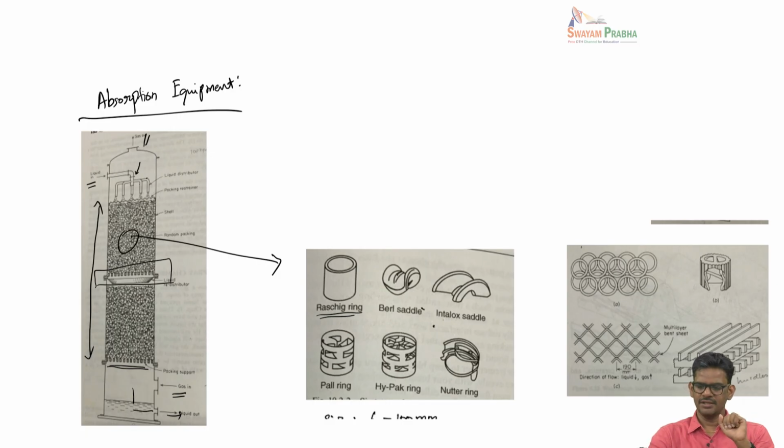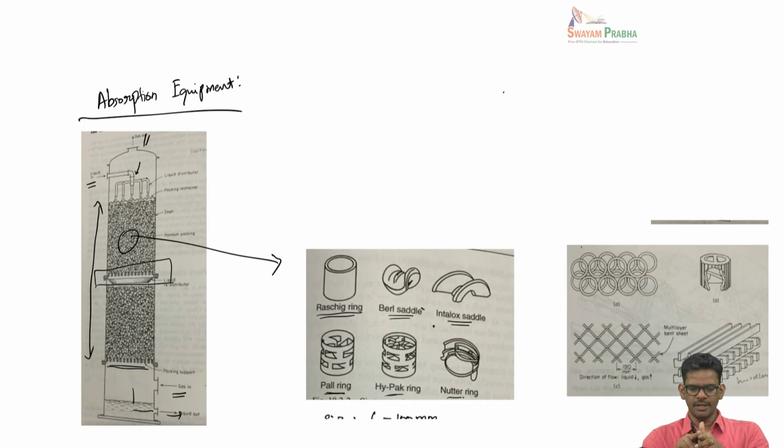And then there are Berl saddles, which have a saddle-like shape, and then Intalox saddles, Pall rings, Hy-Pak rings, and Nutter rings. These are all typical packing materials, and the materials used to make them could be metallic, ceramic, or sometimes plastics also.